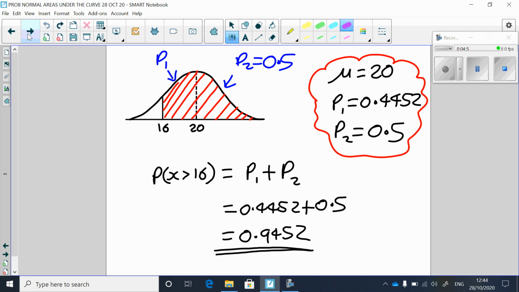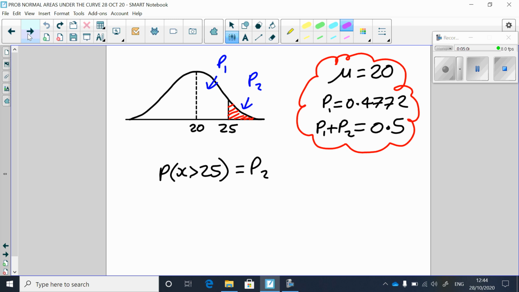Next scenario. Again, this is a tail end scenario. We don't have that because the table only measures values that come away from the mean. I've already evaluated P1 from the table, 0.4772.